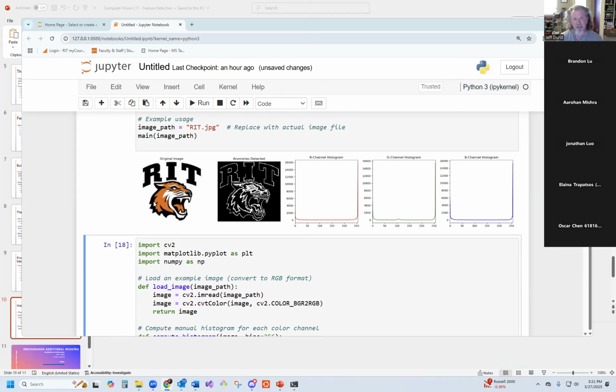You can see we got some of the R, the T, the I, and then just a bunch of mess where the tiger is. Because we've got a lot in the red channel in particular, or RGB that makes up the orange, it's finding anomalies everywhere that isn't orange, because all the bins are based off of the color of the tiger plus a little bit of black plus a bunch of white.